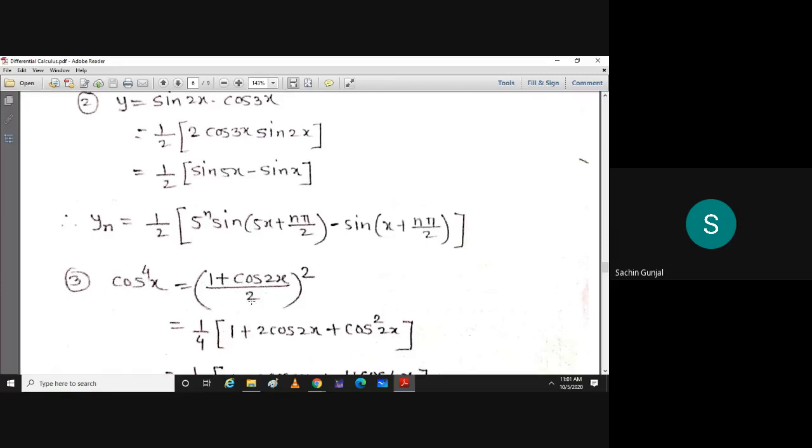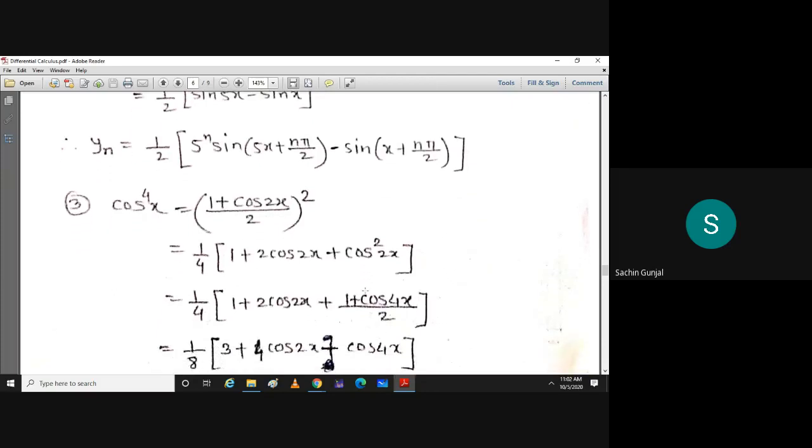Okay, and it is power 4, so raised to 2. Cos square x raised to 2, out of which cos square x is 1 plus cos 2x upon 2, so raised to 2. All right, fine. First step is clear? Yeah.